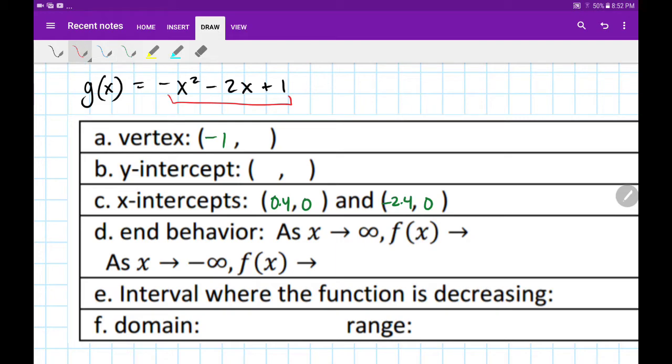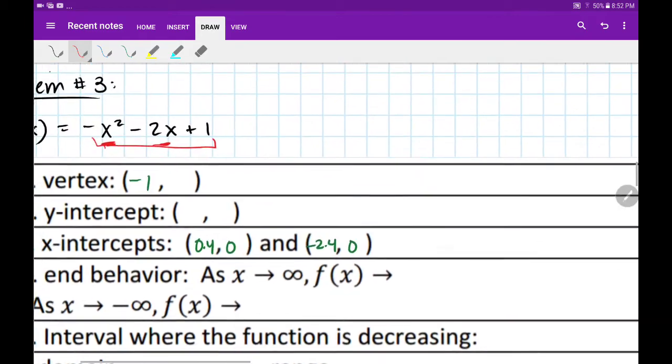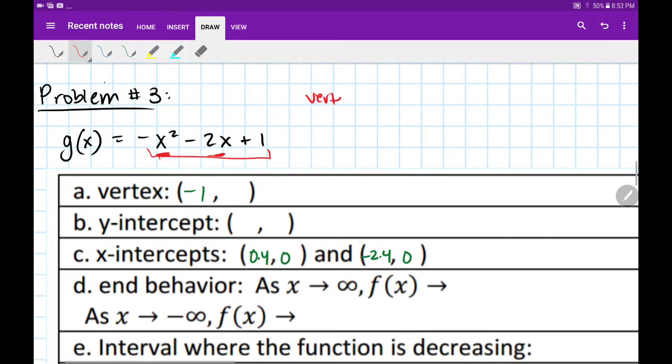Now to find the y value, we simply plug in negative 1 everywhere we see an x. So let's do that now. To find our vertex, we already know negative 1 is the x value. And so our y value is going to be, let's plug in negative 1 very carefully. Use parentheses everywhere you see an x. So I've got negative (negative 1) squared minus 2 times negative 1 plus 1.